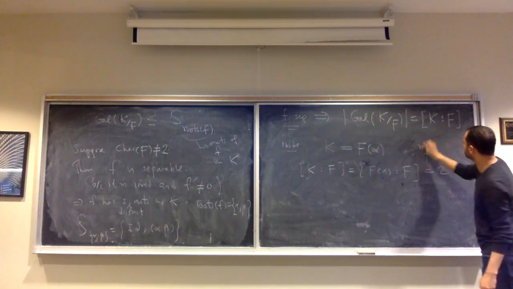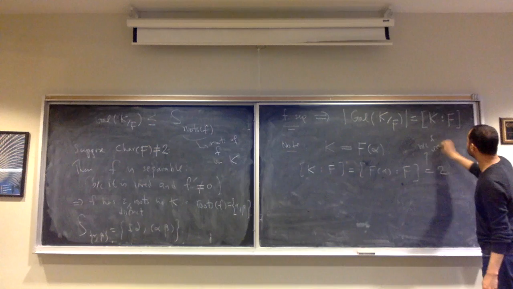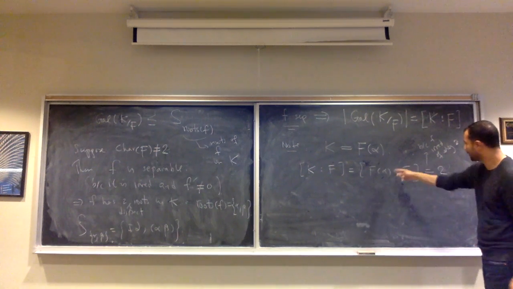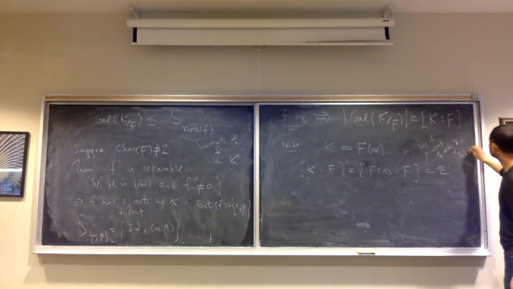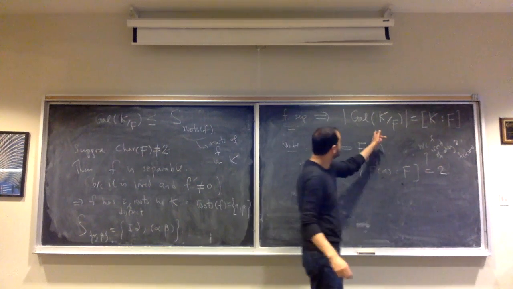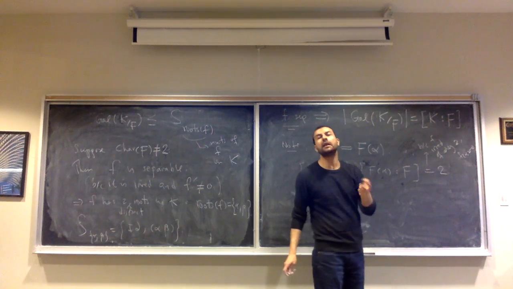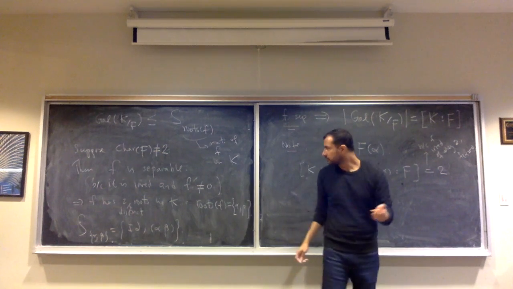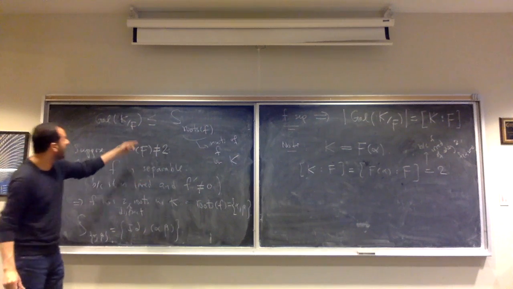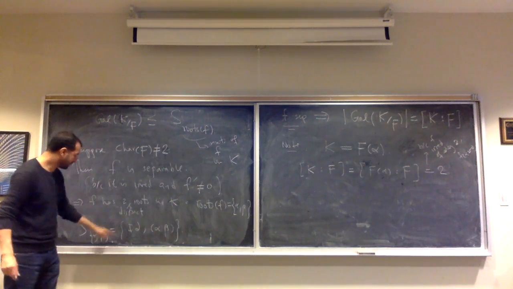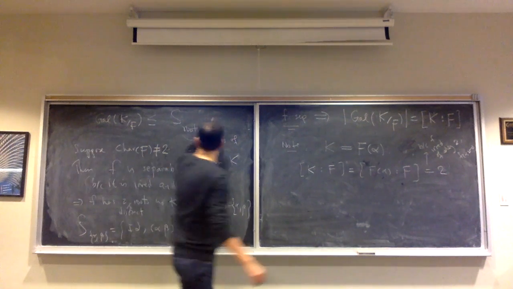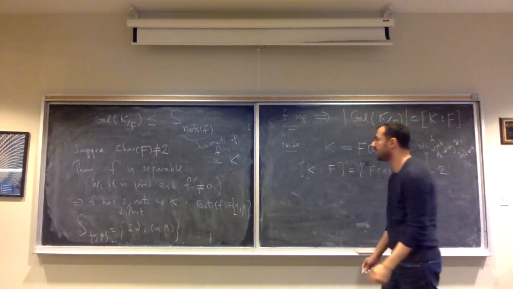This is because f is irreducible of degree 2, and f(alpha) is 0. Okay, very good. So this degree of K over F is 2, and so the Galois group has 2 elements. So it's a subgroup of order 2 of this group of order 2. So the Galois group is the entire symmetric group on the set of roots of f.